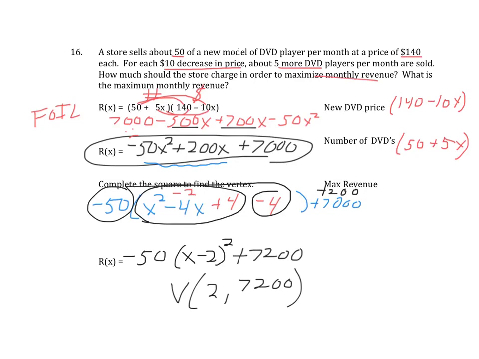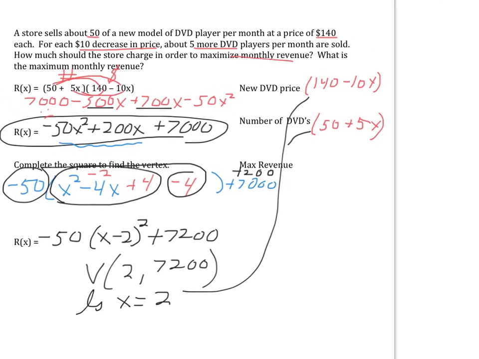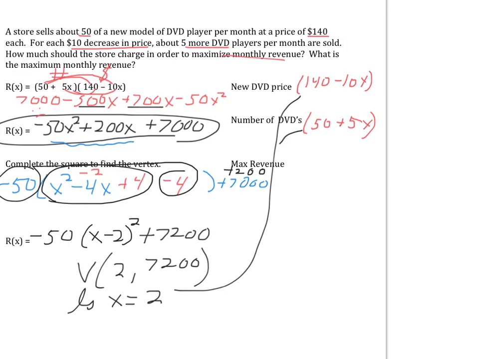And what this means is that I'm going to change the price twice for my x value. So don't do LSD, do LSX instead. 2 is going to be the x value that I'm going to plug into my parentheses up here for the number and the price.